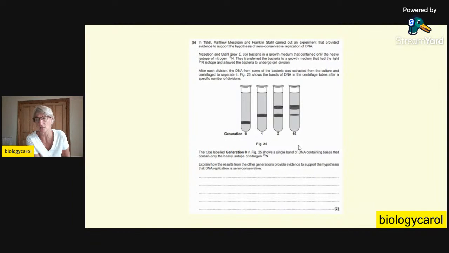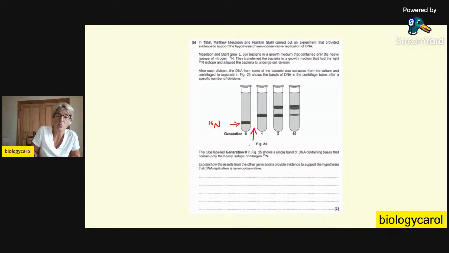And only then did they allow the bacteria to undergo cell division and therefore DNA replication. After each division, don't ask me how they did this, the DNA from some of the bacteria was extracted from the culture and centrifuged to separate it. And this shows the bands in the centrifuge tube. So here is the DNA made with only heavy nitrogen.